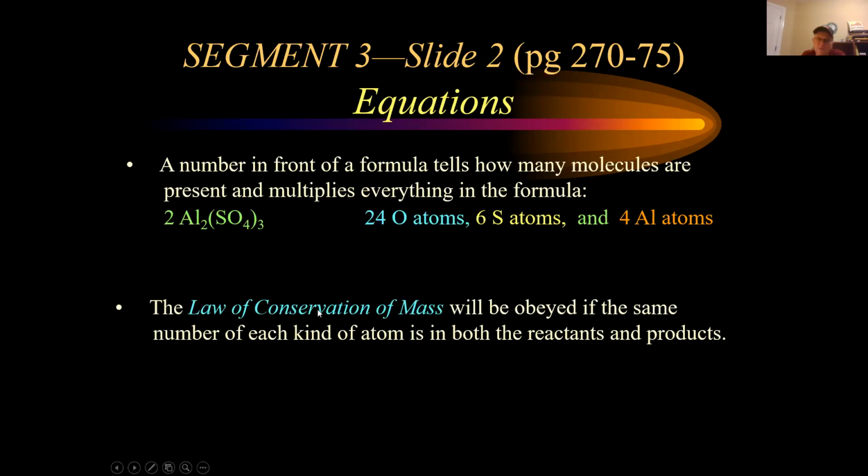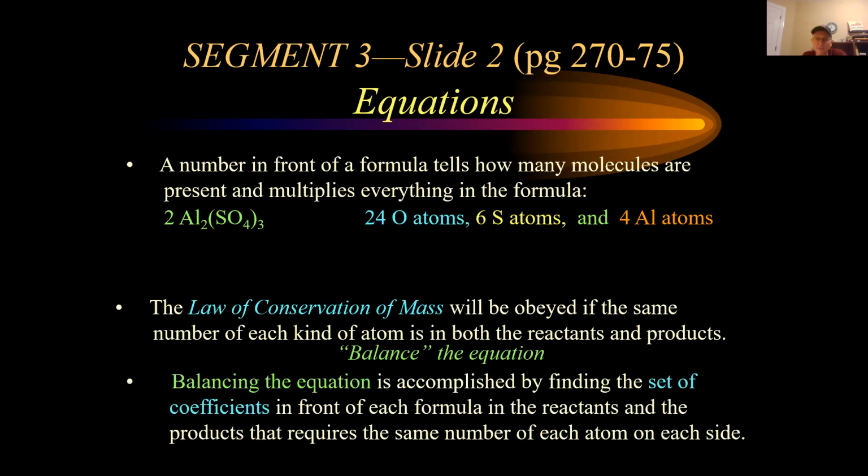Now, the law of conservation of mass would be obtained if we can guarantee that happens if we count up all of the atoms. We want to make sure we've got the same number and same kind of atoms on each side of that arrow. That's what we mean by balancing an equation, making it conform to the law of conservation of mass, so that the mass of the reactants will always equal the mass of the products.